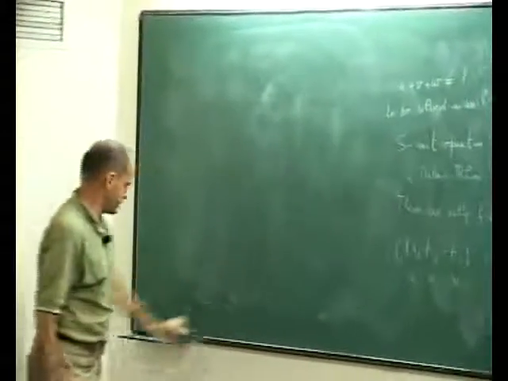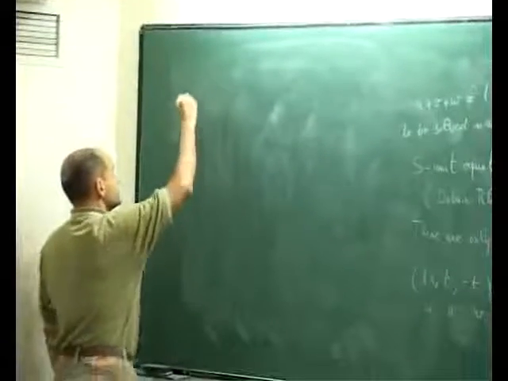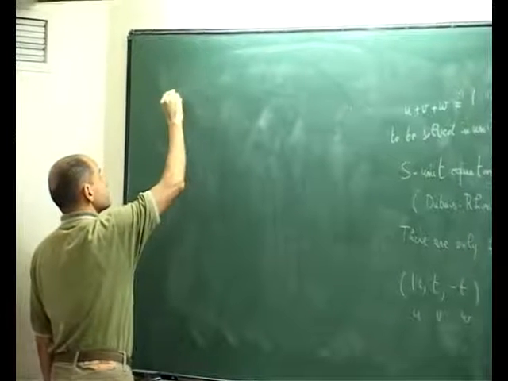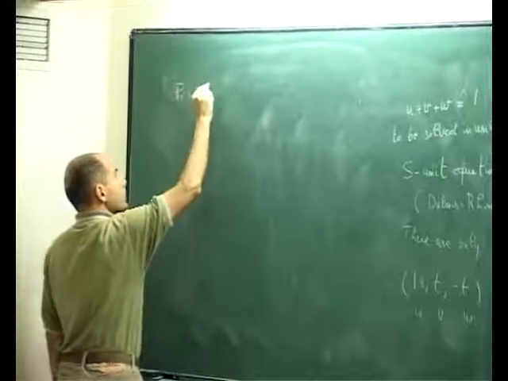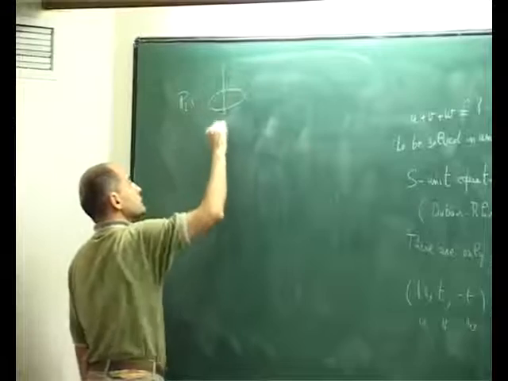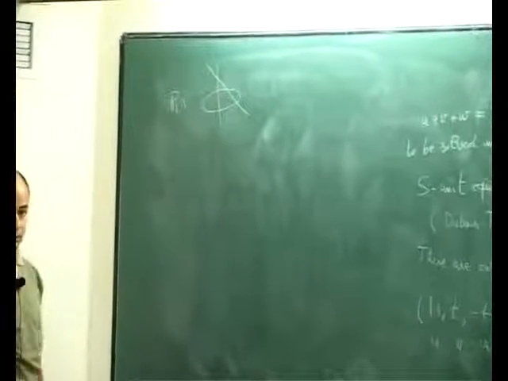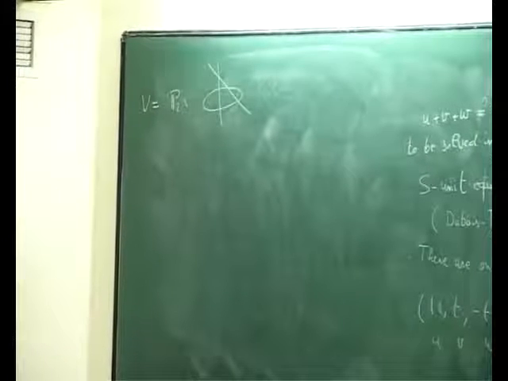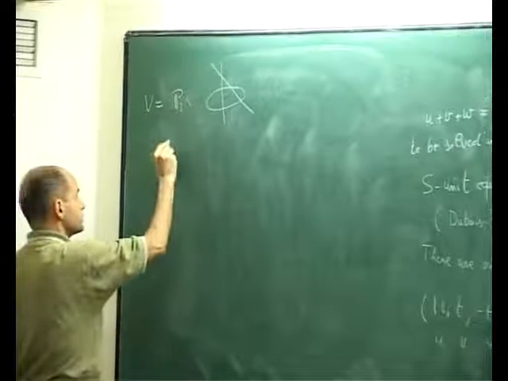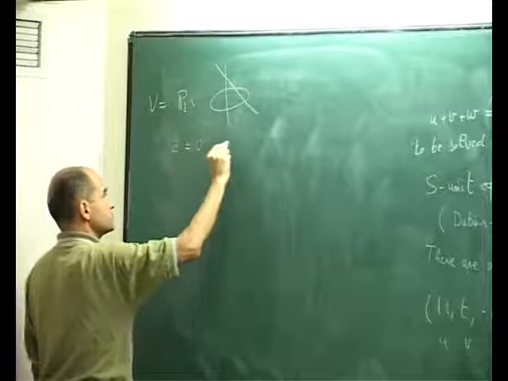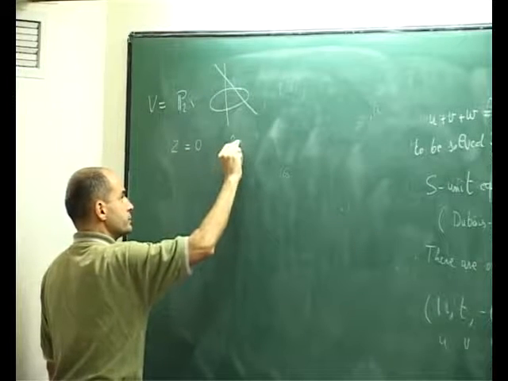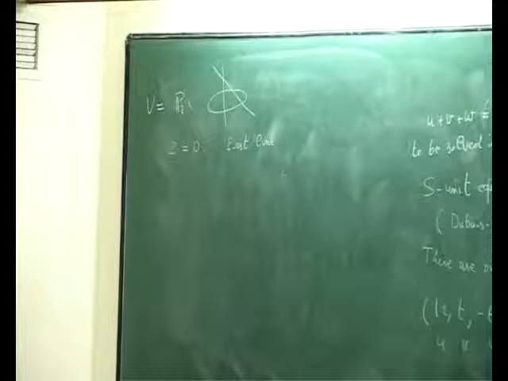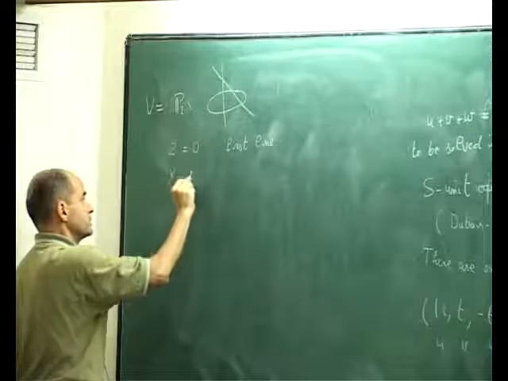So let's see what happens if we remove a conic in general position. So we can suppose that one line is z equals 0, first line, and x equals 0, second line.